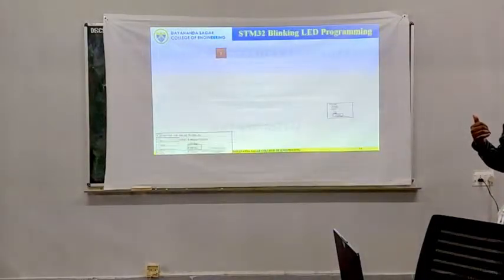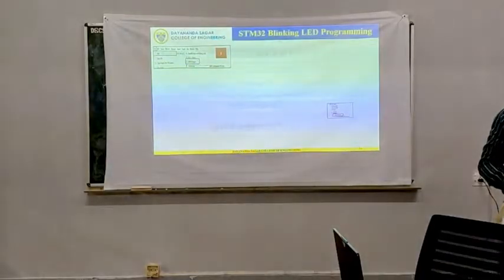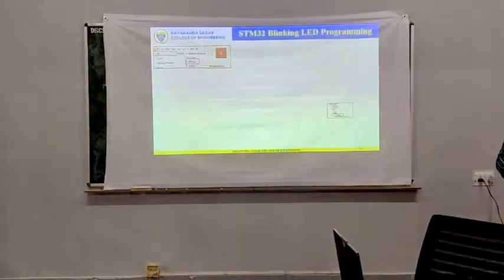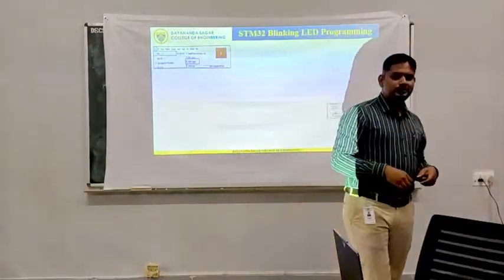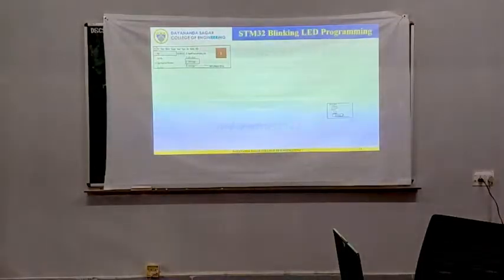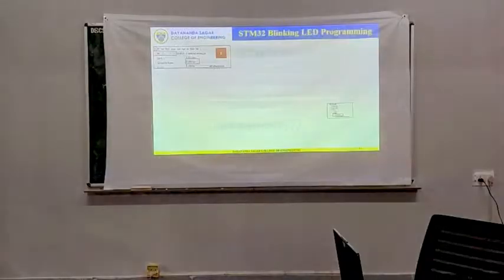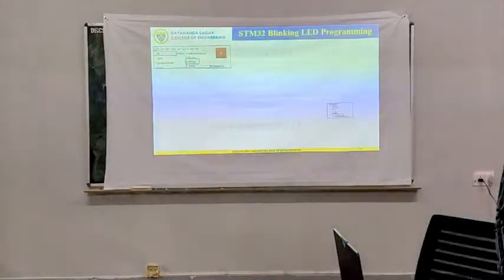So for the very first one, you can all open the STM32CubeIDE. Close the Nano AGI, it is not required now. Please open only the STM32CubeIDE. And you can connect the board now. The mouse will connect to that side and this board will connect to this side.